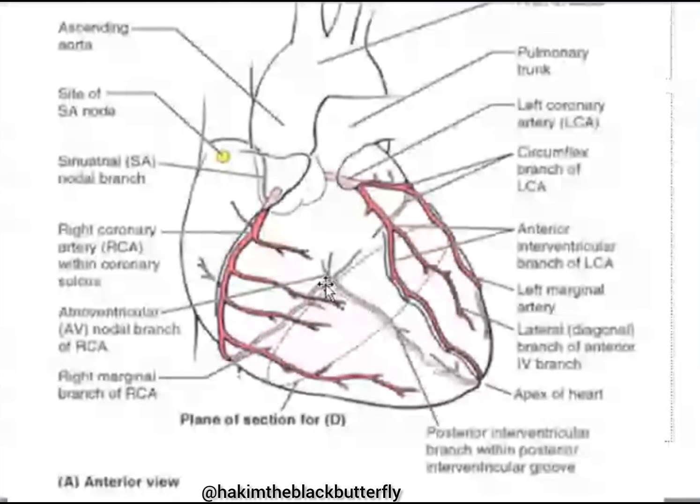And just by its name, you know what it supplies. It supplies the atrioventricular node. Now, are you seeing how the right coronary artery is important?